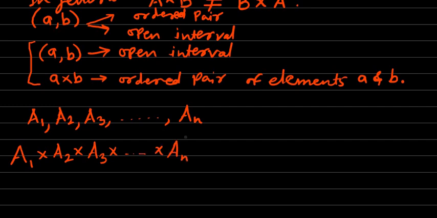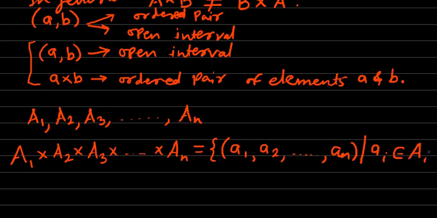It is the set which comprises elements that are obviously ordered n-tuples. An ordered n-tuple will be (a1, a2, up to an), where each ai belongs to the corresponding Ai.